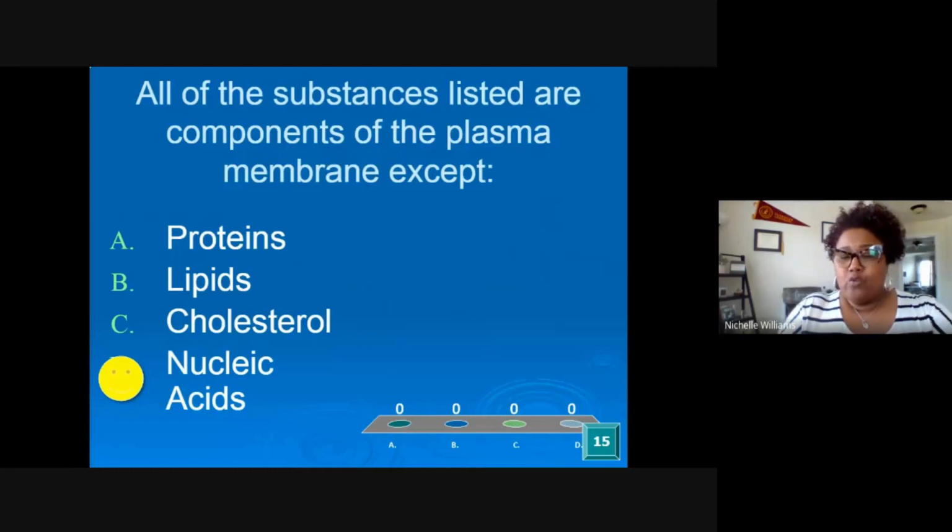So I think most of you got that one right. I saw 1 or 2 people who did not choose nucleic acids. And what are nucleic acids? We know that's DNA, RNA, right? And that's in the nucleus of the cell. But in the actual membrane, we know that when we looked at the diagram previously, that we saw the proteins, we saw the lipids, we saw cholesterol. So those are the things that comprise the membrane.